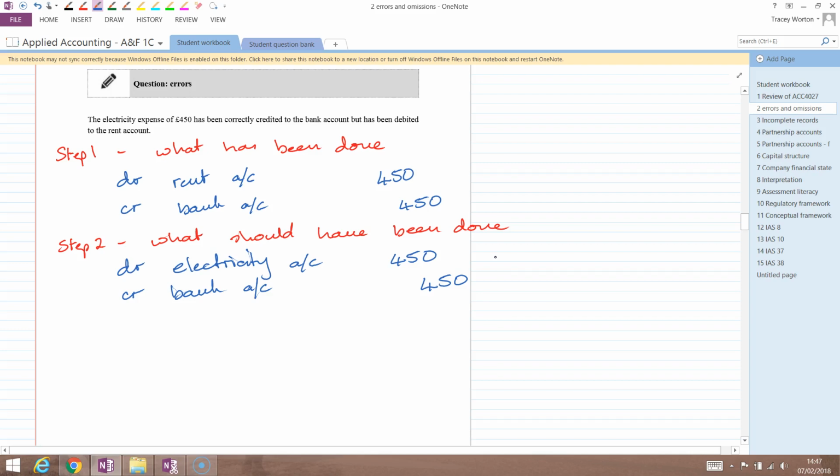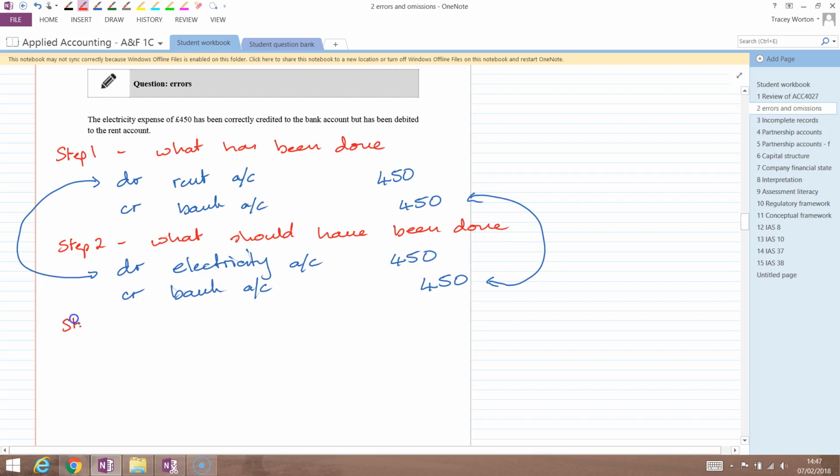So if we have a look at these entries then, so the bank account is correct in both cases, but what we've actually got to do is correct the fact that we put a debit entry to the rent account instead of the electricity account. So we effectively now have to move this transaction.